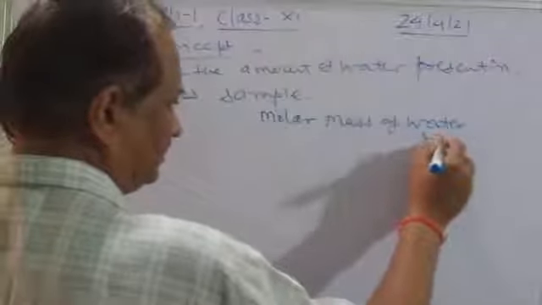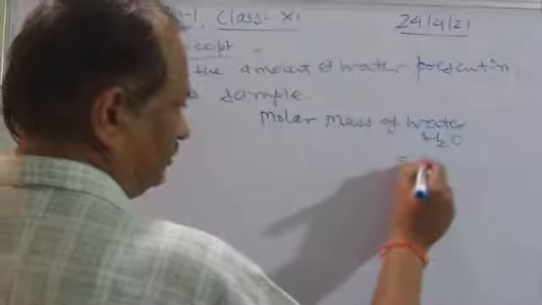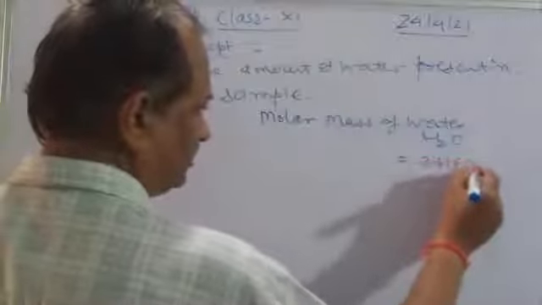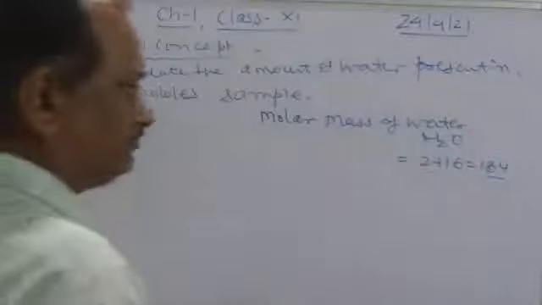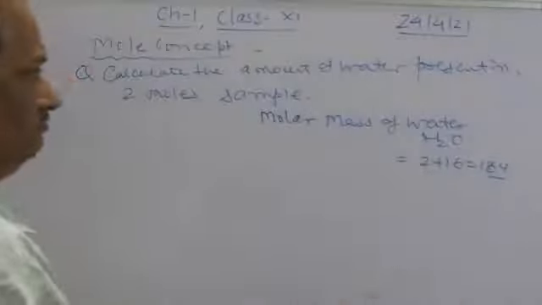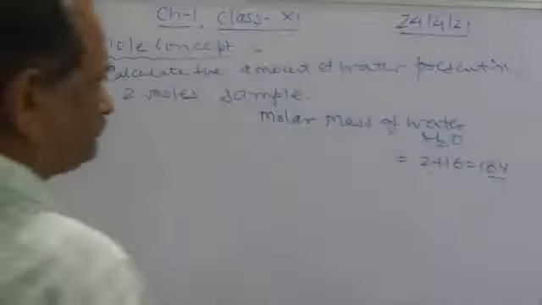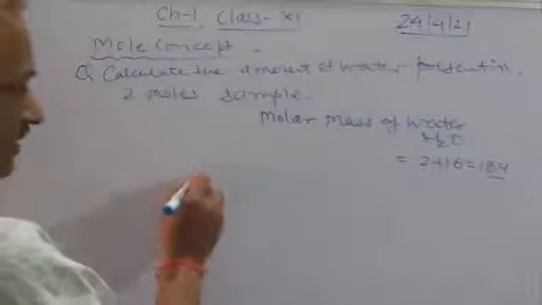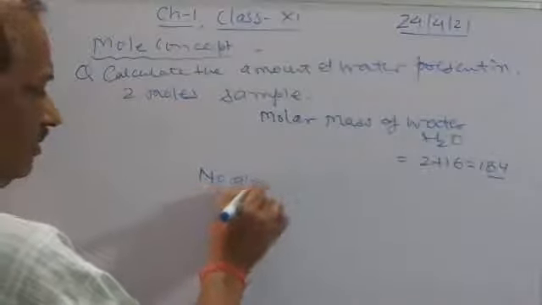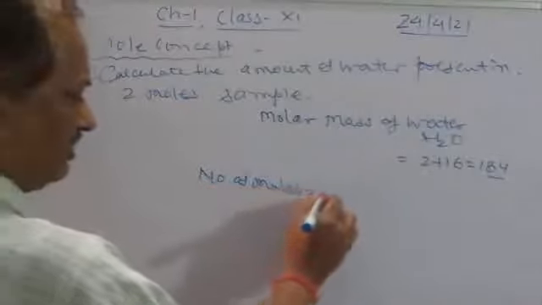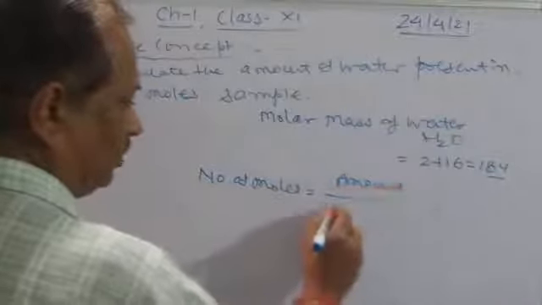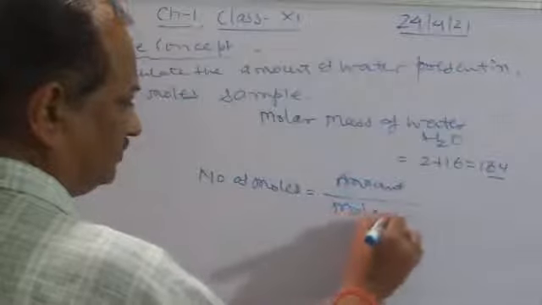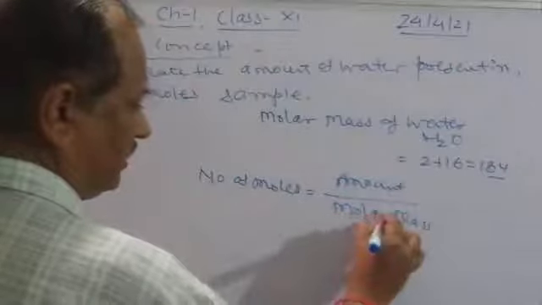It is H2O, so hydrogen 2 plus 16 is equal to 18 U. Now we find the amount. What is the formula? Number of moles is equal to amount of substance upon molar mass.